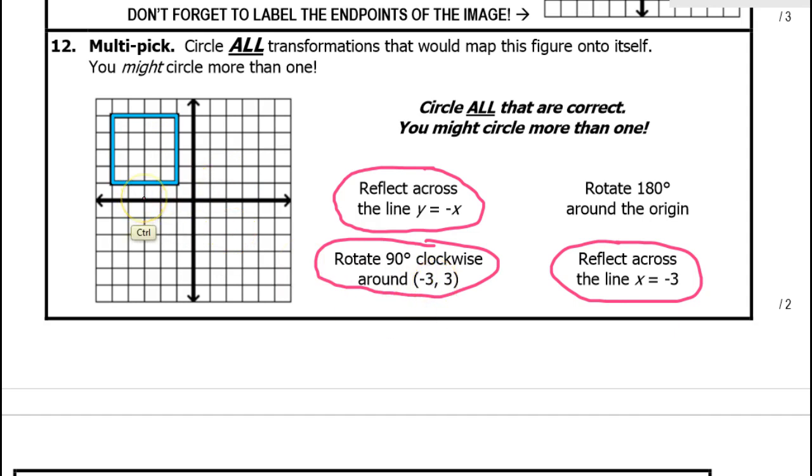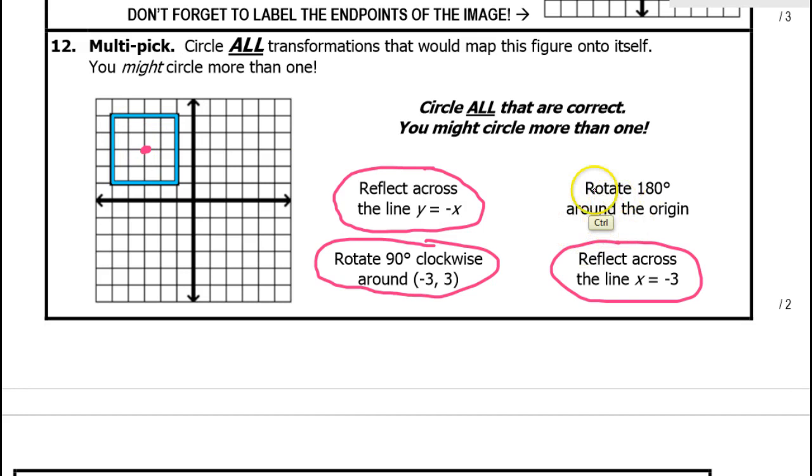If I go to negative 3 and then I go positive 3, that is the point right here. Okay, so what I just said was true. Rotating around this point 90 degrees, it still looks the same. But if this had been any other point, if it had been the origin or any other point, then this would be false. This only works when you're rotating around the center of the square.